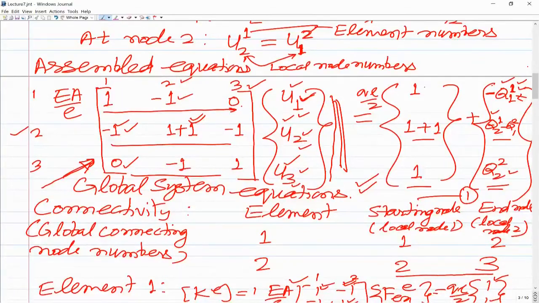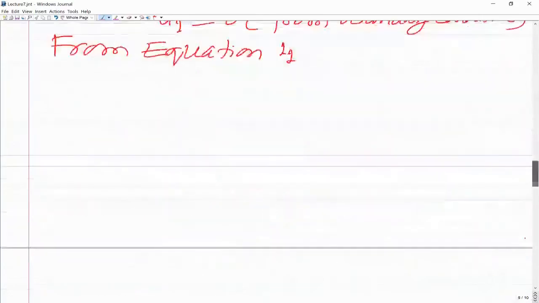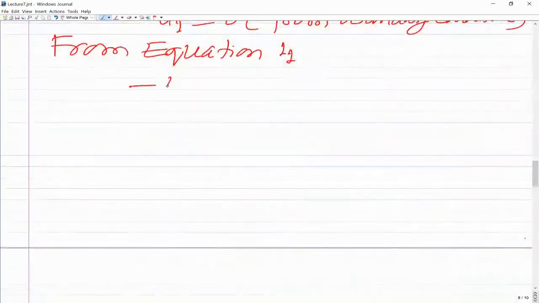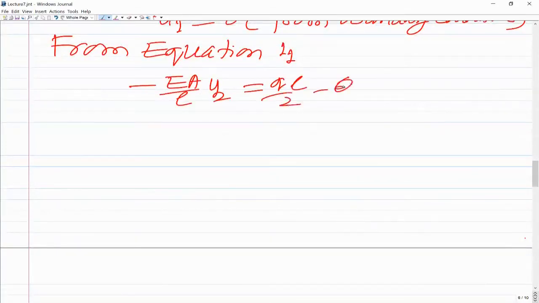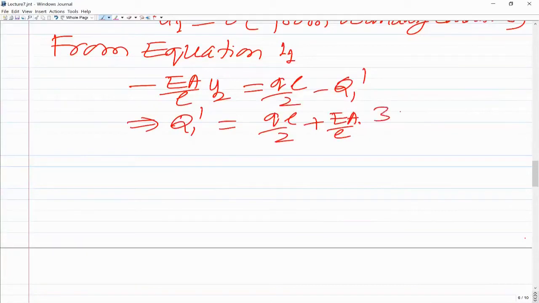The right hand side will have ql by 2 minus q11. So we have minus EA by L into u2 is equal to ql by 2 minus q11. Since the u2 value is already known, q11 would be equal to ql by 2 plus EA by L into the value of u2, which is 3ql square upon 2EA. If you simplify this, it comes out as 2ql, and that is the reaction.